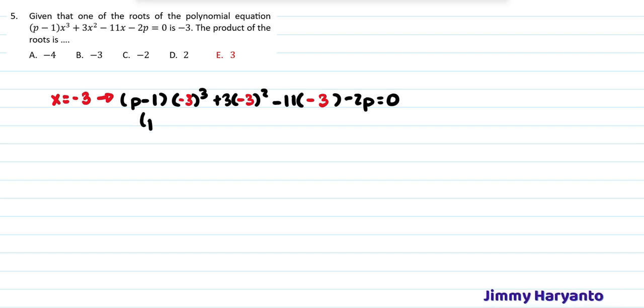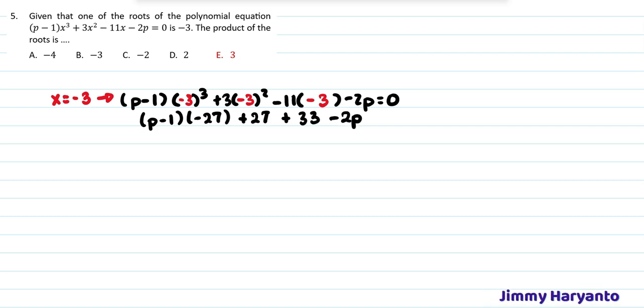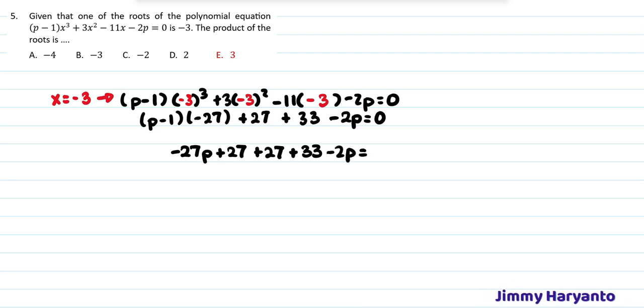So you'll have p minus 1 times negative 27, and then this one will be 27, this one is positive 33, and then minus 2p equals 0. And then you will multiply this, you'll have negative 27p plus 27 plus 27 plus 33 minus 2p equals 0.